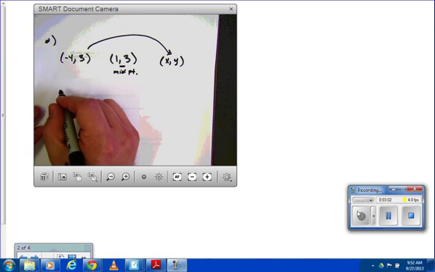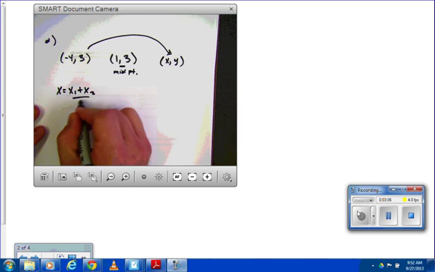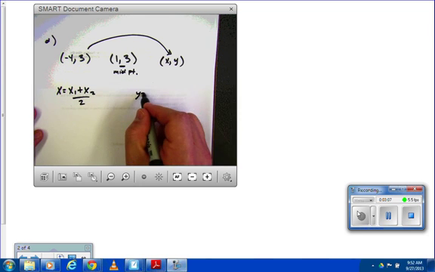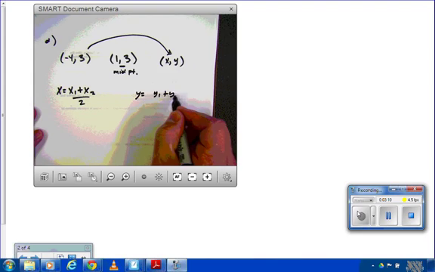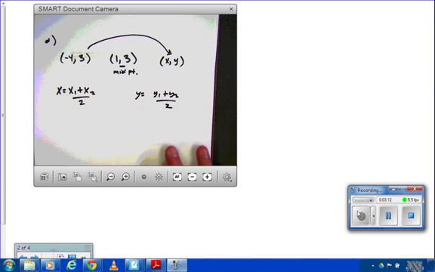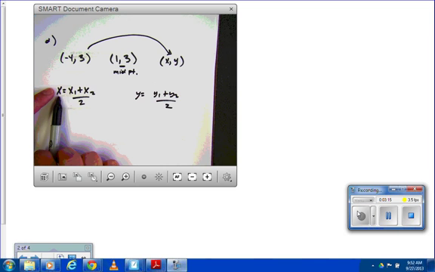So let's look at our midpoint formulas. x equals x1 plus x2 over 2, and y equals y1 plus y2 over 2. So let's start with this one. Here's the thing you really have to buy into with these problems. This number right here, we know what it is. We know what the midpoint is. Let's see if you can think about it.